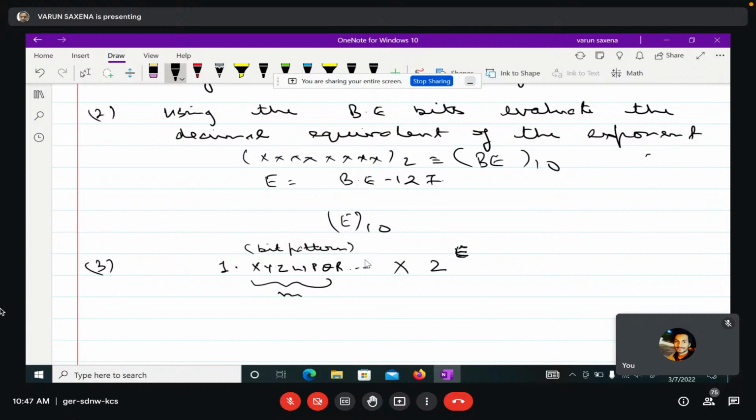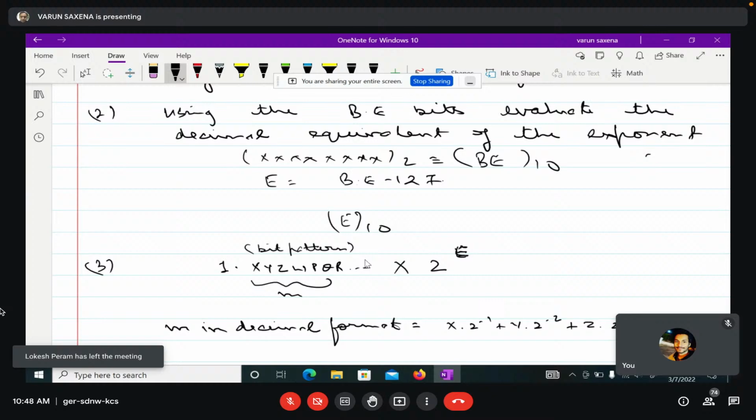These are just bit patterns. X would be either 0 or 1, Y could be 0 or 1, Z could be 0 or 1, and so the value is X times 2 to the power minus 1 plus Y times 2 to the power minus 2 plus Z times 2 to the power minus 3 plus W times 2 to the power minus 4 and so on.